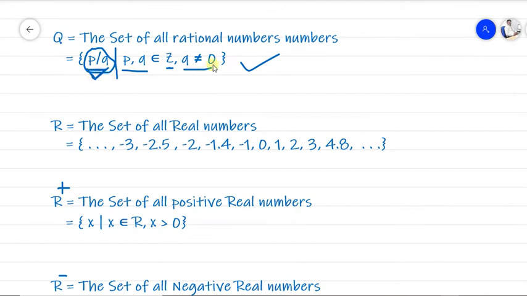So except 0, q can be any other integer. When we divide one integer by another integer, whatever value we get, we put such values in one set, and that set becomes the rational number set. So Q is nothing but the set of all rational numbers. Getting my point?